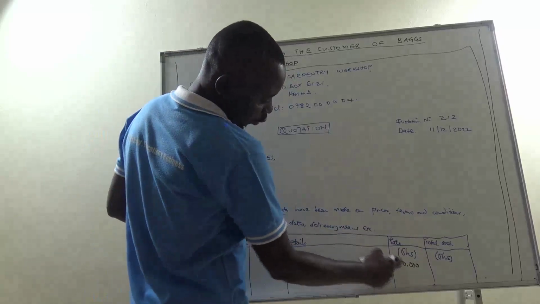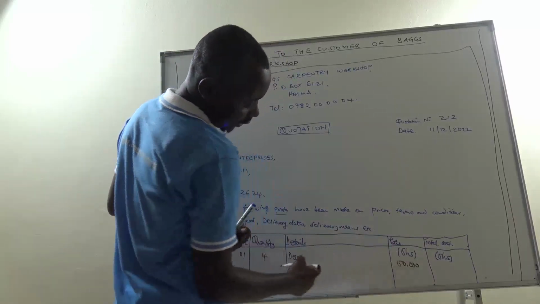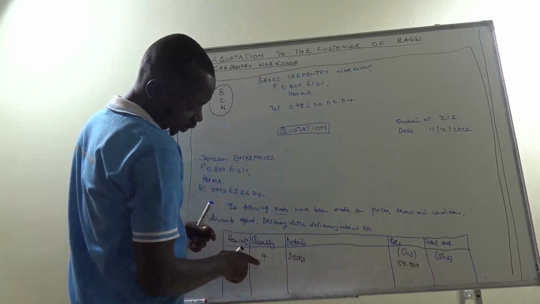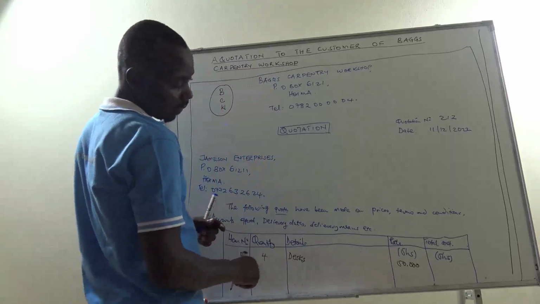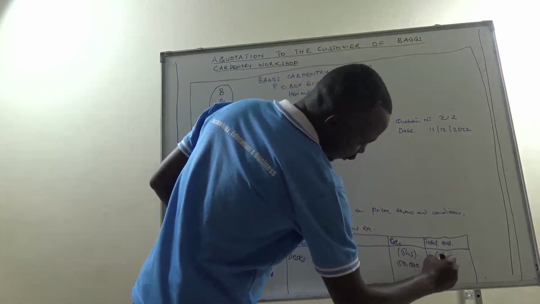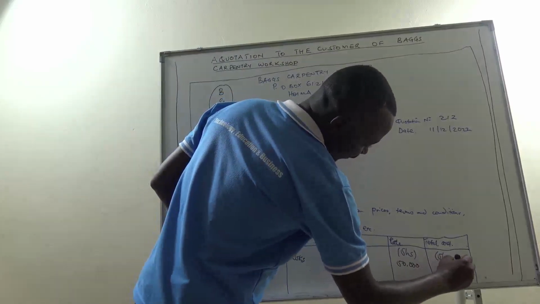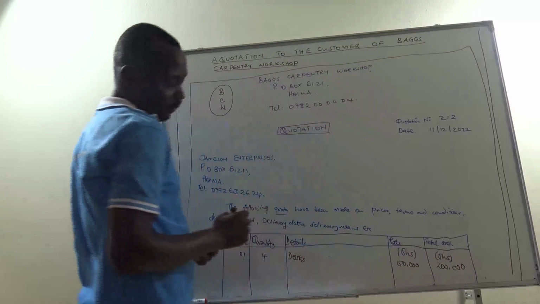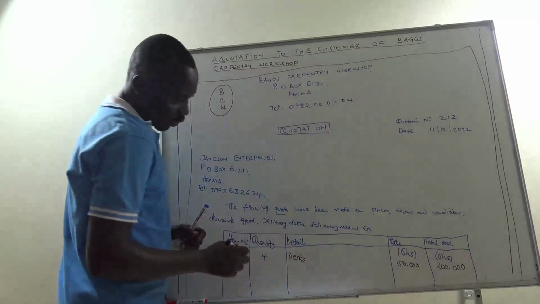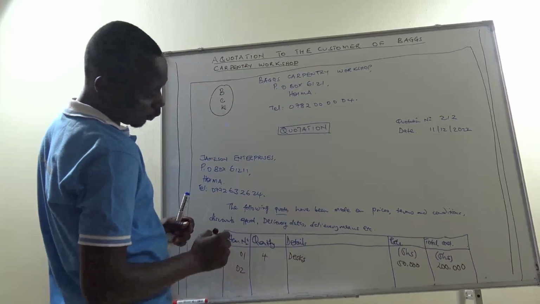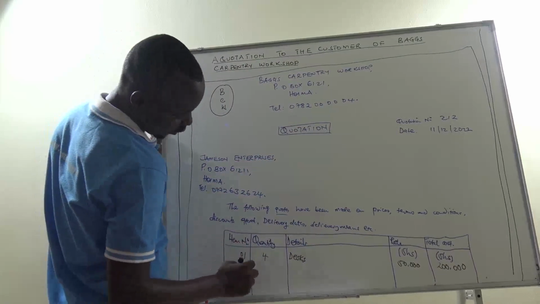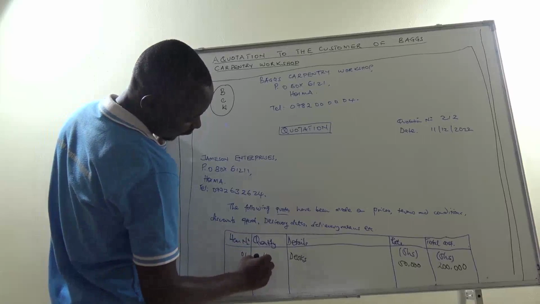So, when we say the rate is the cost per item, to get the total cost of 4 desks, we shall say 50,000 times 4. And we shall have 200,000 shillings. And we are assuming that another item, number 2, was on the office chairs, and we wanted 5.